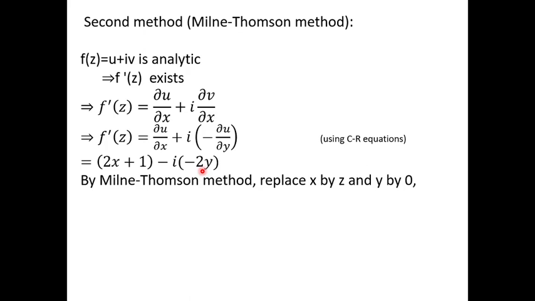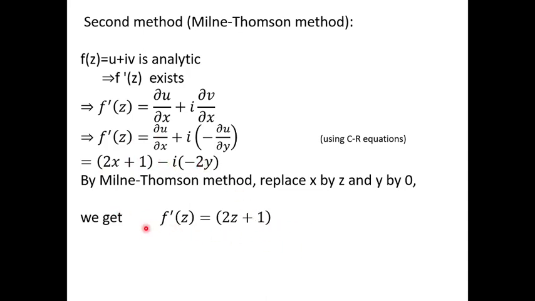Now apply the Milne-Thomson method. Milne-Thomson method means what? Replace x by z and y by 0. Where x is there, in the place of x we put z, in the place of y we put 0. Now substitute that value, we get f dash z is equal to 2z plus 1 plus i into 0, that is 0.